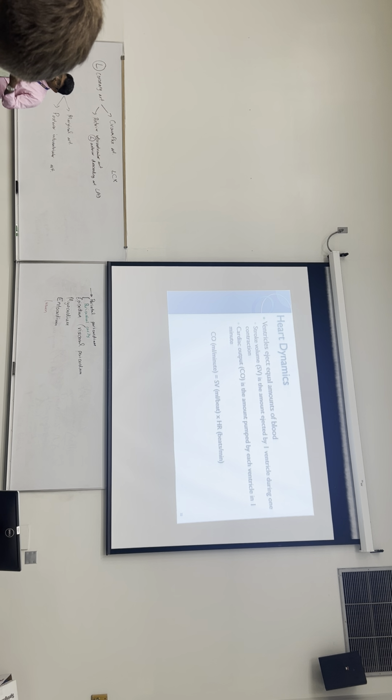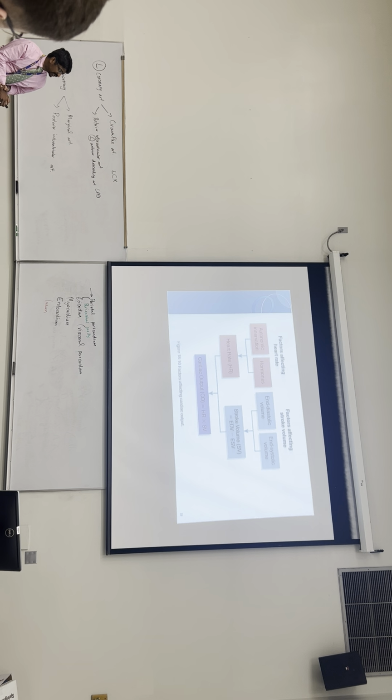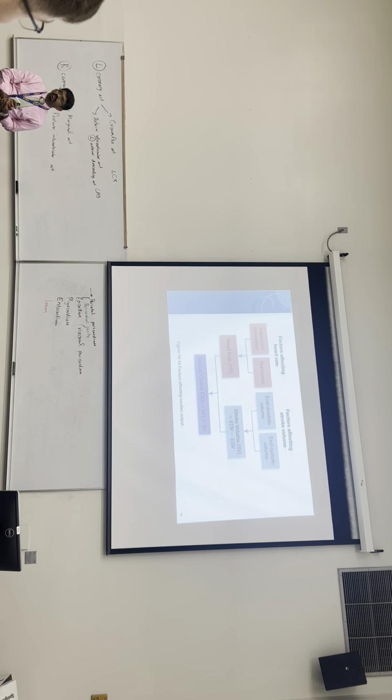When we multiply the two, it gives us the amount of blood pumped out, the cardiac output. Stroke volume is roughly about 60 milliliters in a beat, and we'll talk about what things affect it. It's not a very big amount if you think about it.